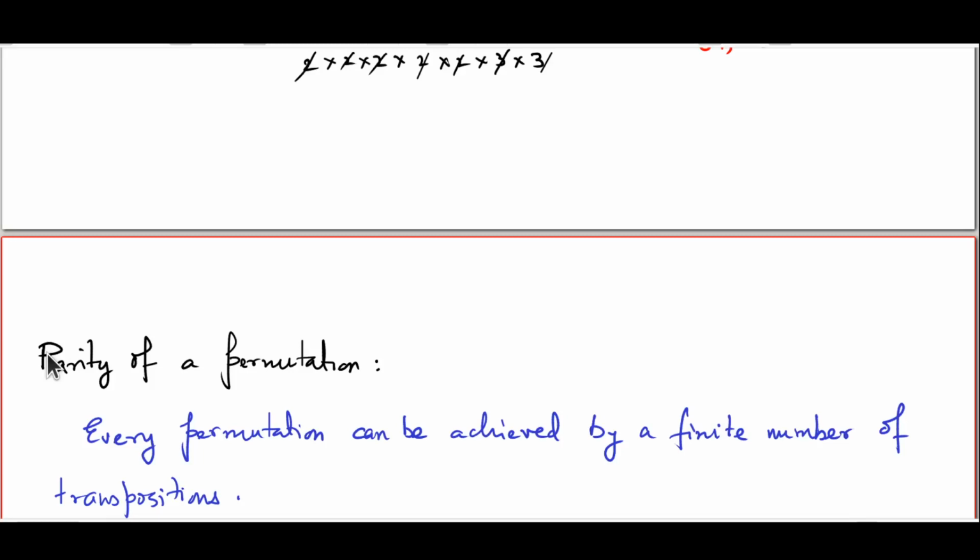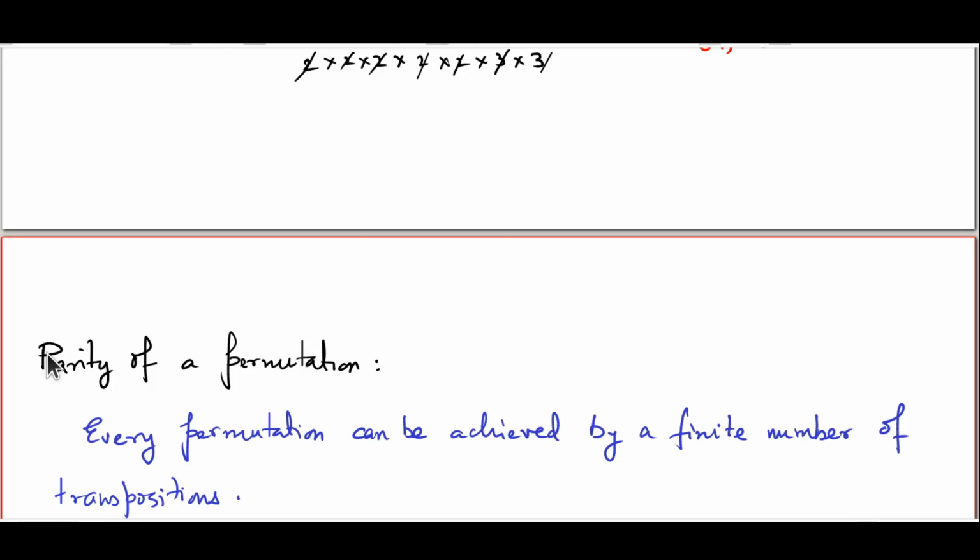Now, it should be easy to understand that the number of transpositions that you need to carry out a particular permutation is not really unique. After all, the identity permutation, where nothing changes, can be achieved with no transpositions at all, or by switching any 2 elements and then switching them back again.